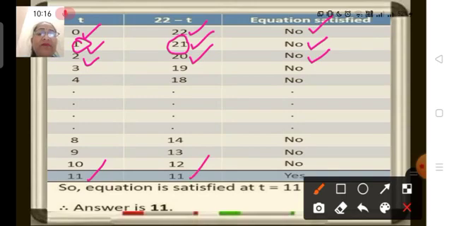Here, if you observe carefully, you will see that the value of t and 22 minus t are both the same. That means 22 minus t equals t. Therefore, t equals 11 satisfies the given equation. So we can say that the equation is satisfied at t equals 11.